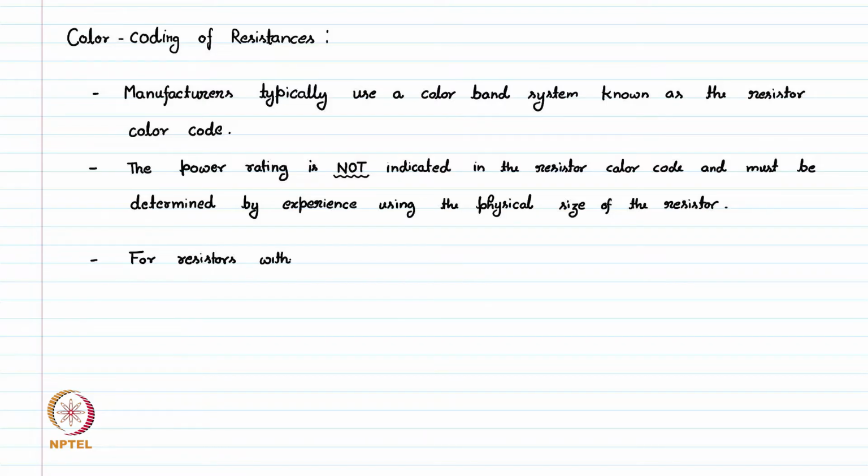For resistors with plus or minus 5% or plus or minus 10% tolerance, the color code consists of 4 color bands.